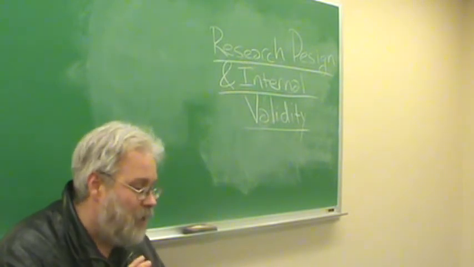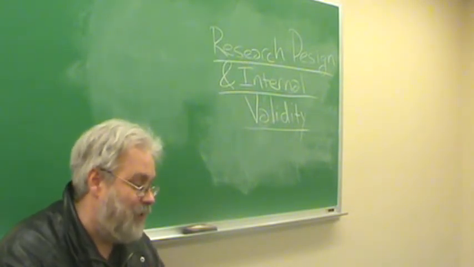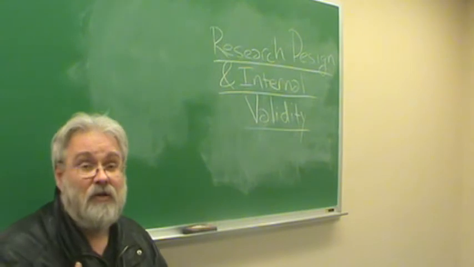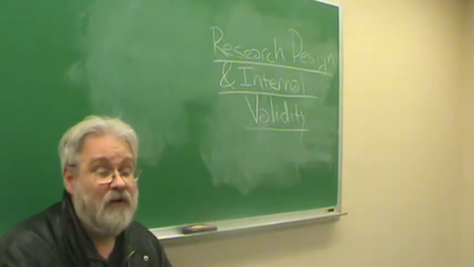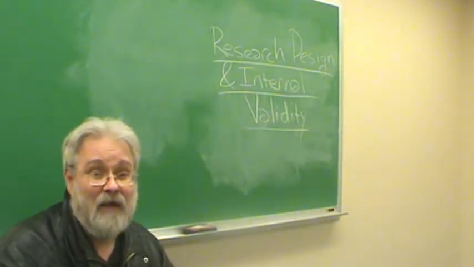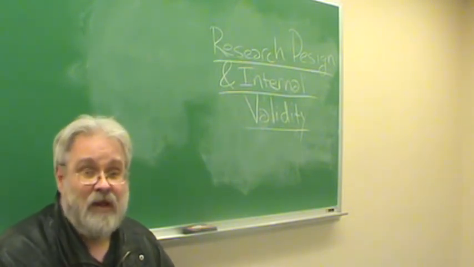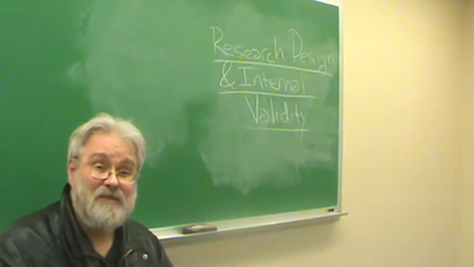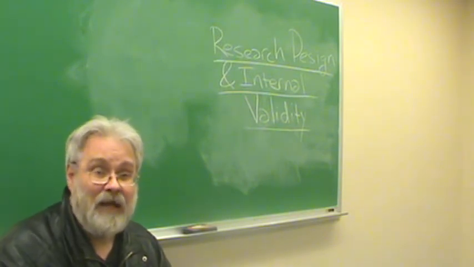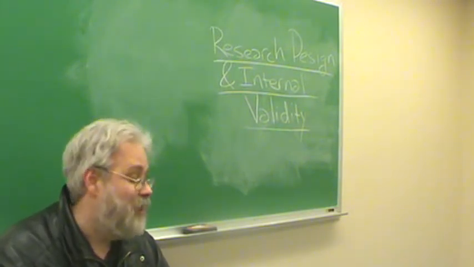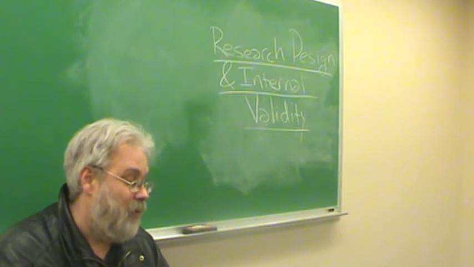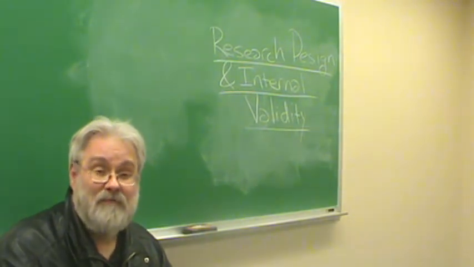Now, some quick clues about how to go about getting good research designs and execution. First of all, planning. Your research is usually going to be only as good as all the work that went into it. Secondly, use as many subjects as you practically can. The more subjects, the better. Third, use sound measurement.